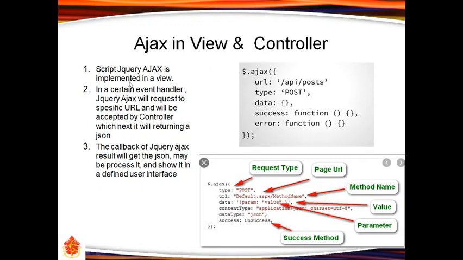The jQuery Ajax script is implemented in a view, and inserted in the event handler. jQuery Ajax will request a specific URL and be accepted by the controller. The controller will process the JSON from the web service, and maybe the controller processes it and then shows it in another view.